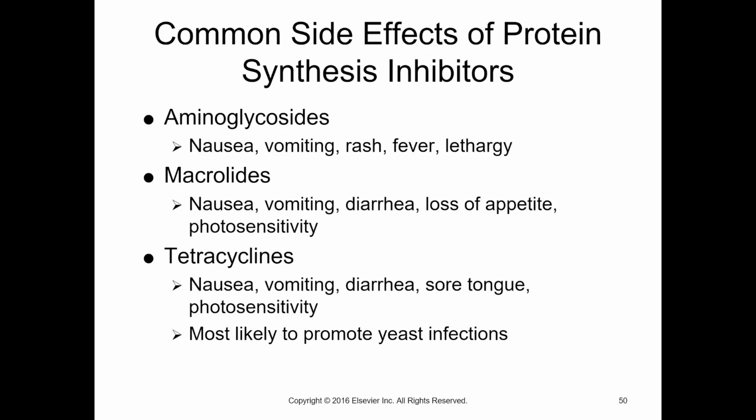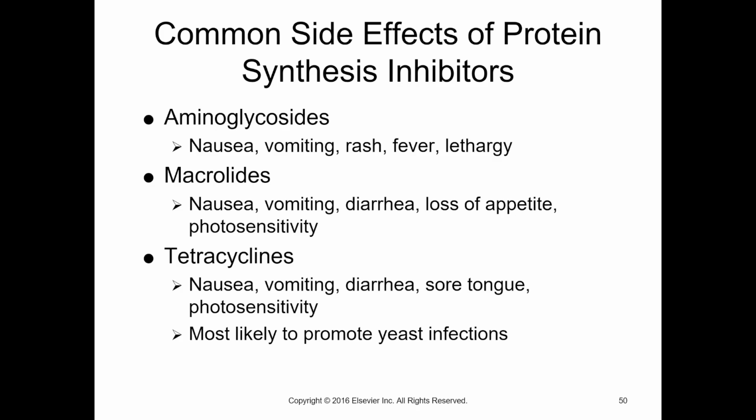Macrolides, if you're looking at the list of side effects here, macrolides are notorious for their GI side effects. Tetracyclines have a rather characteristic photosensitivity response, meaning people that are exposed to the sun while taking them develop a rash, and they get very, very serious sunburns with minimal sun exposure.